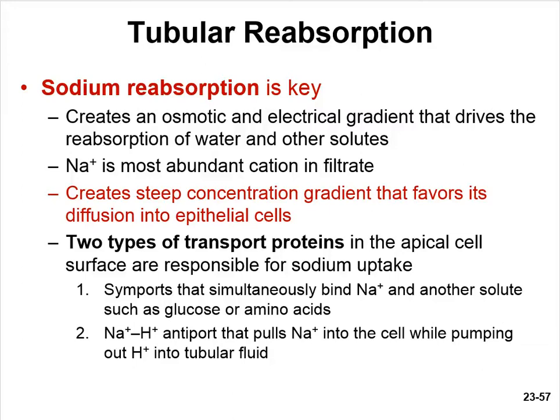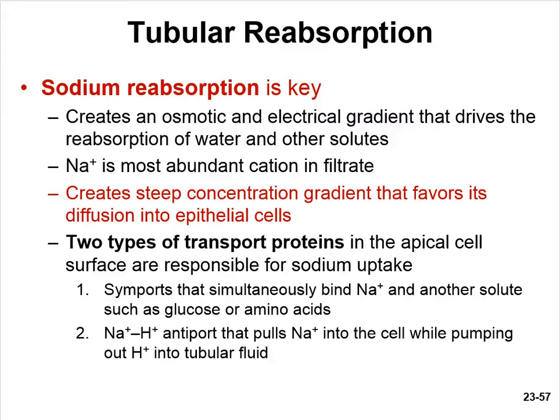There's two types of transport proteins in the apical cell surfaces that are responsible for the sodium uptake. Symports are protein carriers that simultaneously bind sodium and another solute, such as glucose or an amino acid. So symport means that it's pulling two items across together.